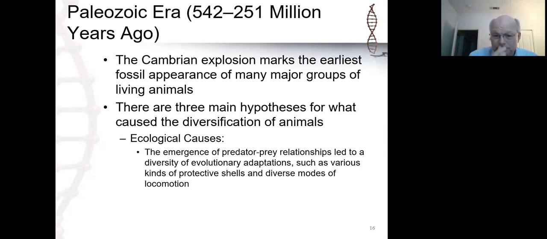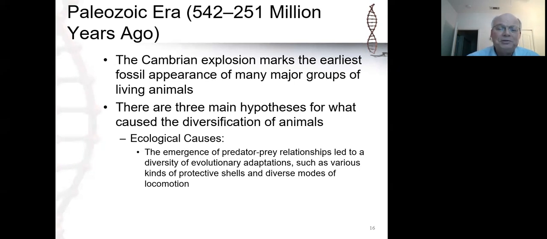But what we do know is that at the end of the Cambrian explosion, all the phyla that are present today are present at that point, and that there are no phyla that emerge in the fossil record during this time period that are not present today.